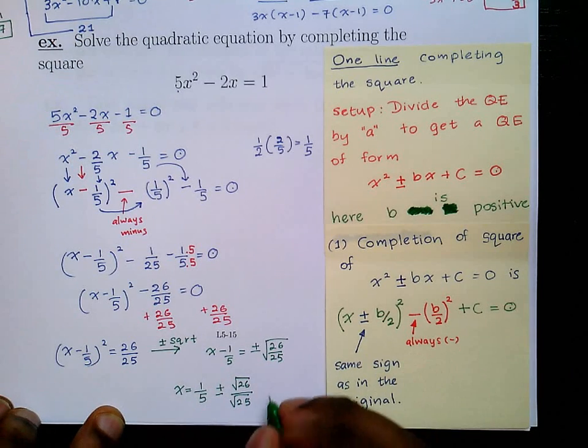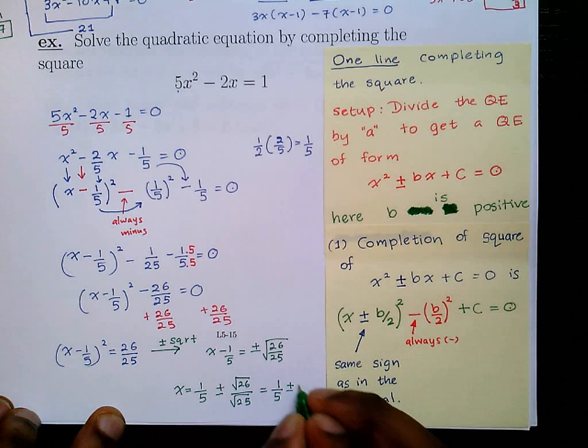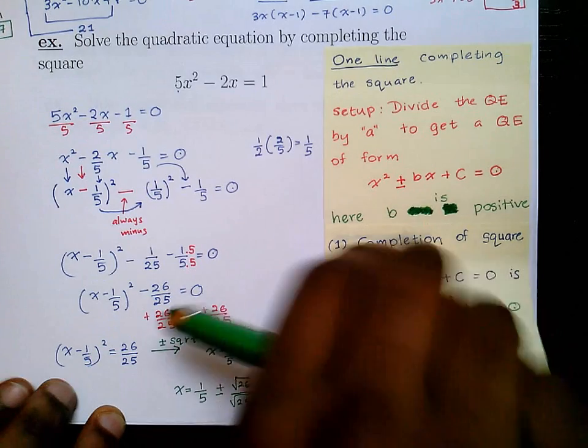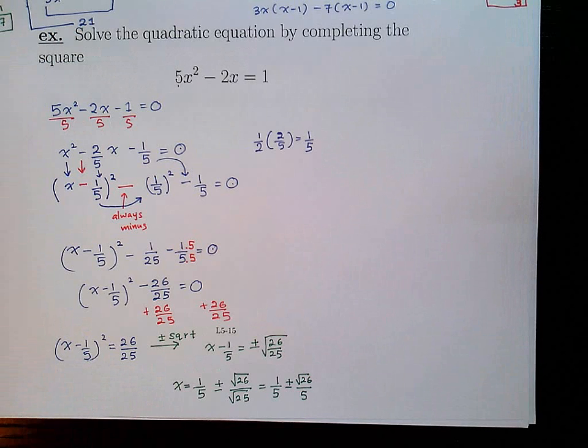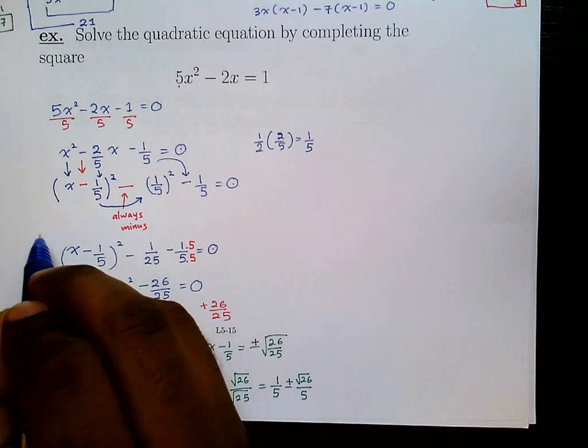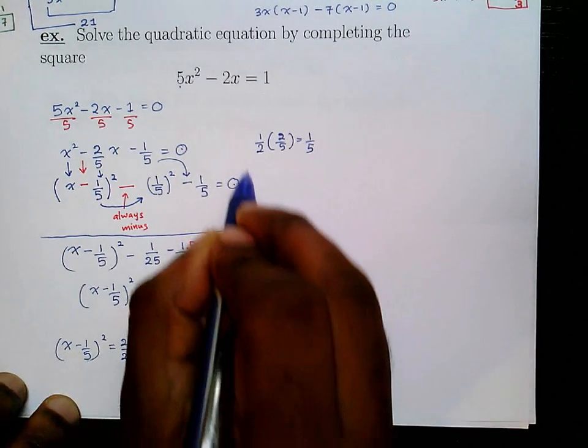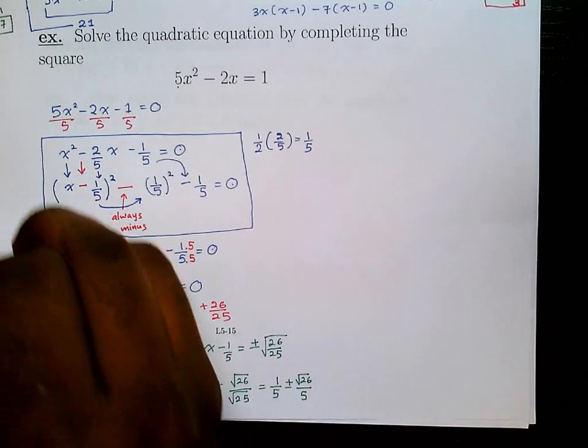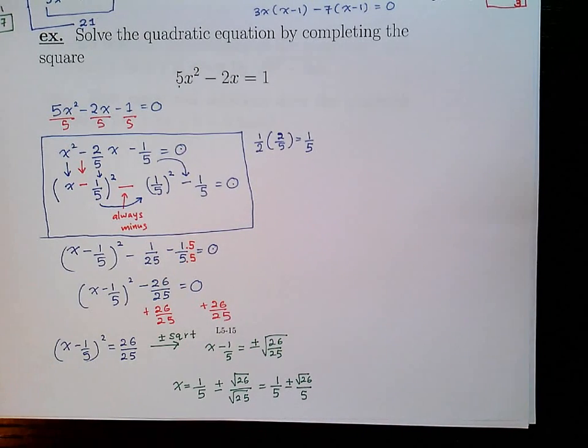Just one last simplification: 1/5 plus or minus square root of 26 over 5. And that's how you solve by completing the square. So the completing the square step is just this part. The rest is just simplification.